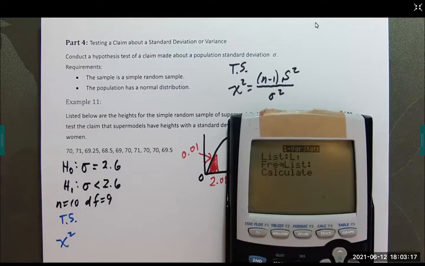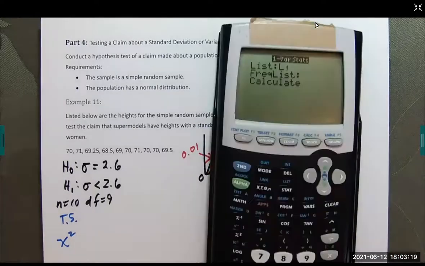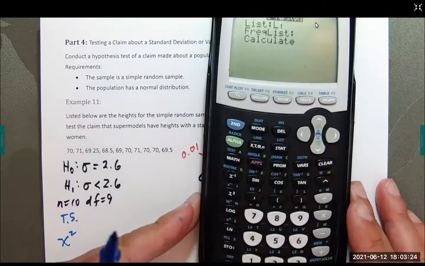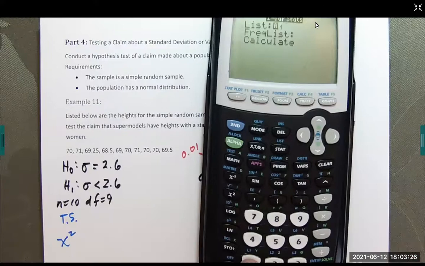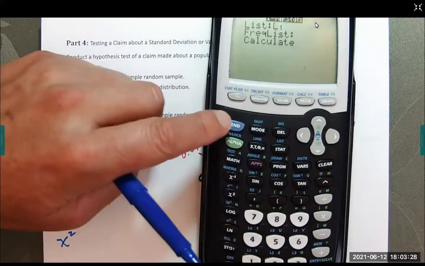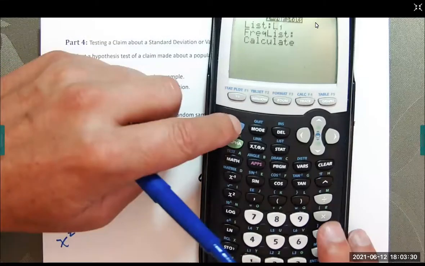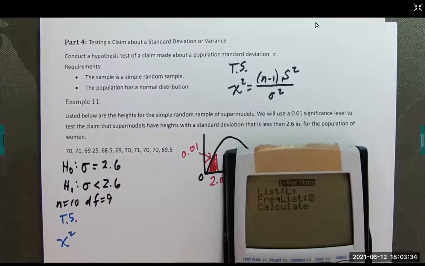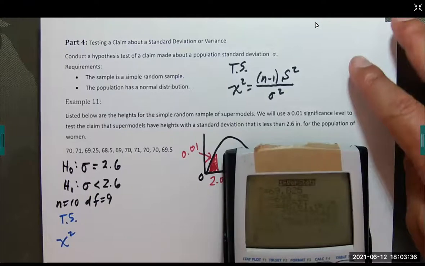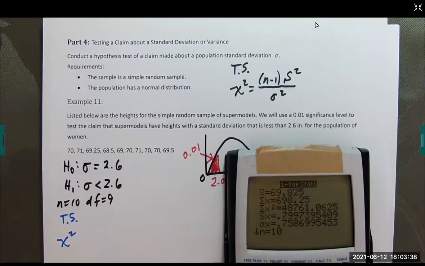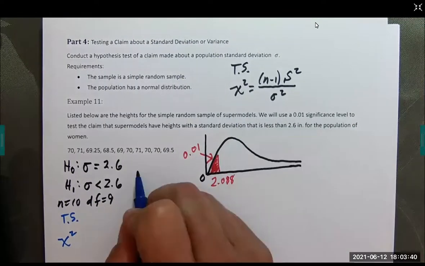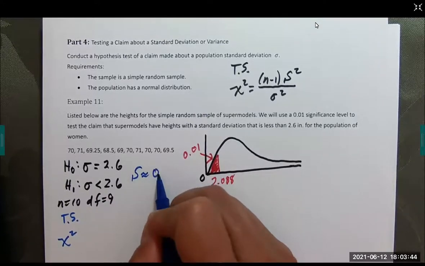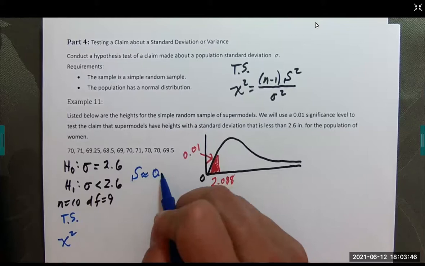Remember, if you don't know how to change it from whatever list is there, or maybe it's not there at all, above the 1 is L1, L2, L3, L4, 5, 6, and you have to hit second and then the list that you want. I'm in list 1, and I'm going to hit calculate. And S is right there. So let's write that down. This is 0.7997.